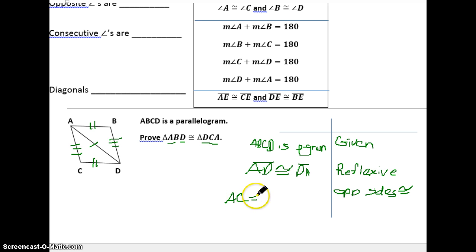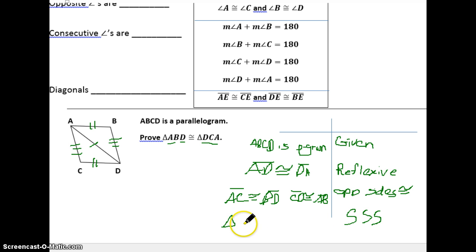AC congruent to BD and CD congruent to AB. Okay. And now we have triangles congruent by side, side, side.